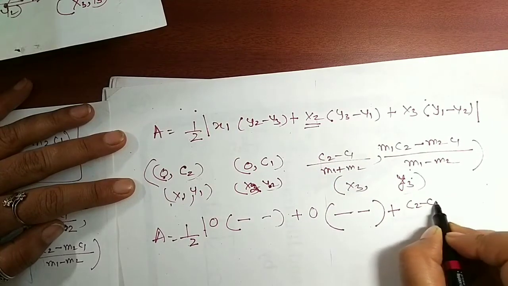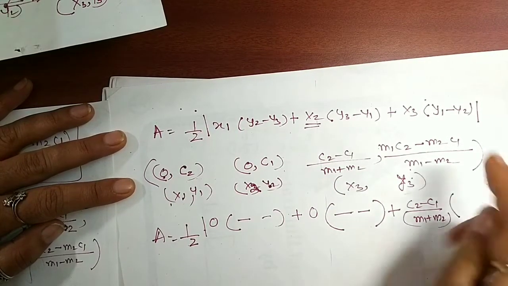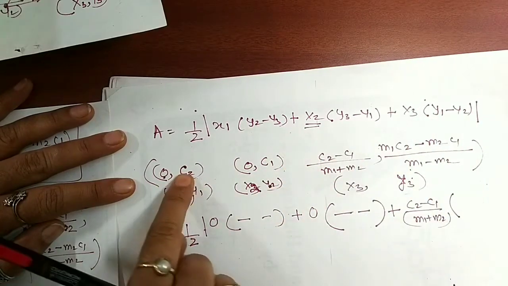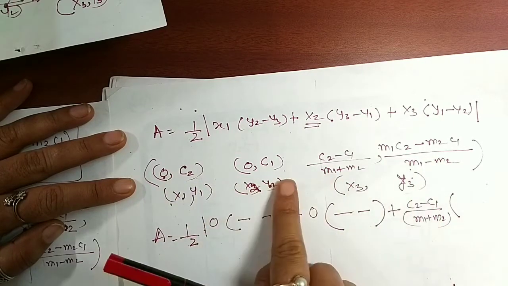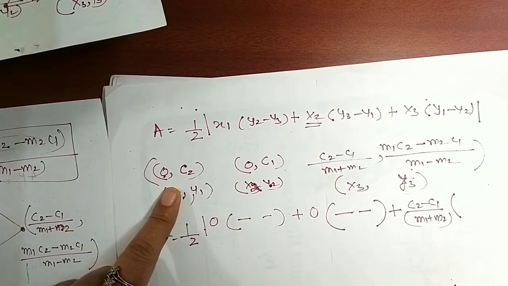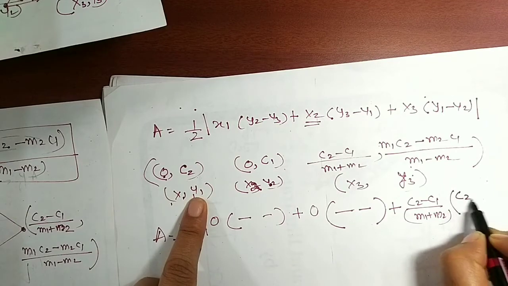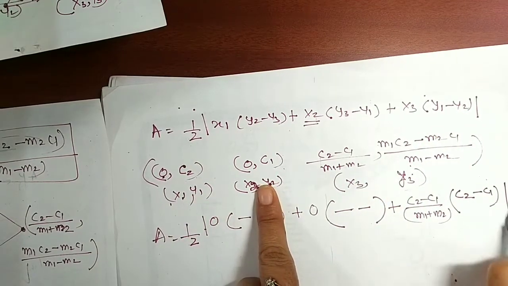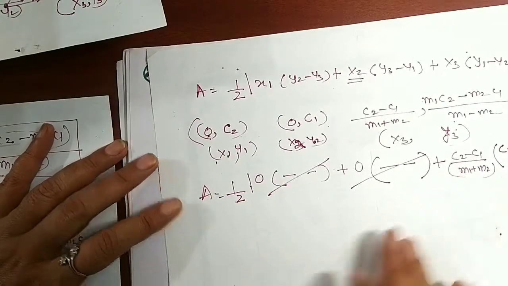I have to write c2 minus c1 by m1 minus m2 into y1 minus y2. So what is y1 guys, this is it. y1 minus y2 is this. I'm sorry, y2 is this. So let me write down y1 minus y2. So y1 is c2 and y2 is c1, and mod. So if you see, this became 0, this became 0, only this is left.